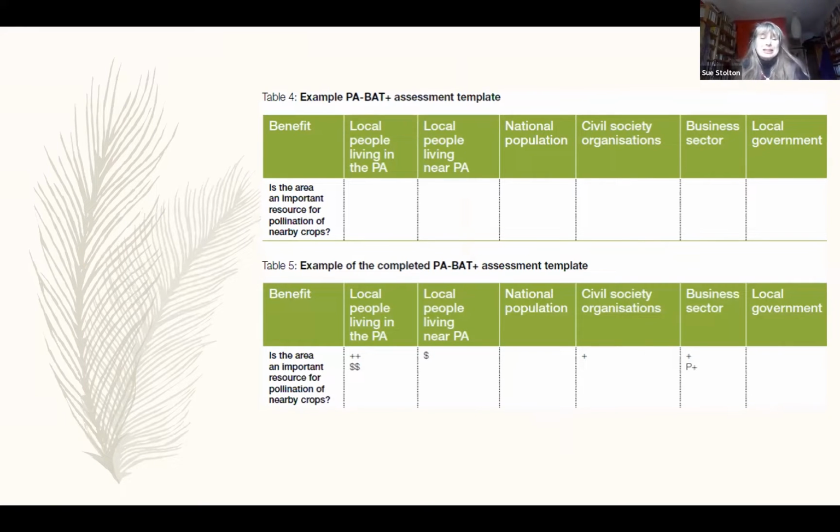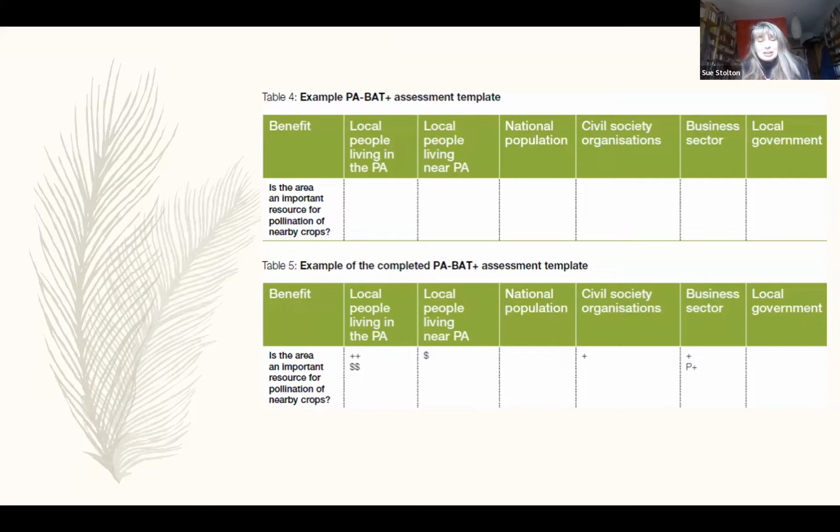It's the benefits. I've just picked one specific benefit here, which is about pollination, but we have a list of potential benefits from the site. We then have a list of potential beneficiaries of those benefits, which go from local people to either national or maybe possibly even international audiences.